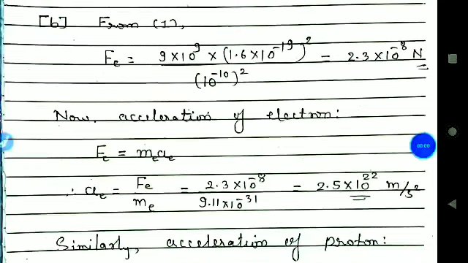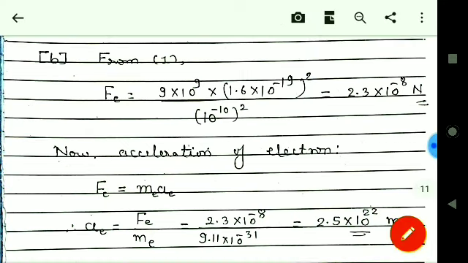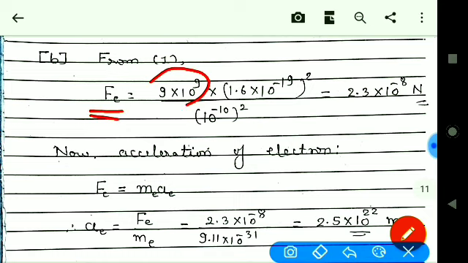So now, using Coulomb's formula, we get Fe is equal to K Q1 into Q2. Charge of an electron Q1 and charge of proton is Q2, but as both have same charge, there is E square, and distance between them r square, so it is this.